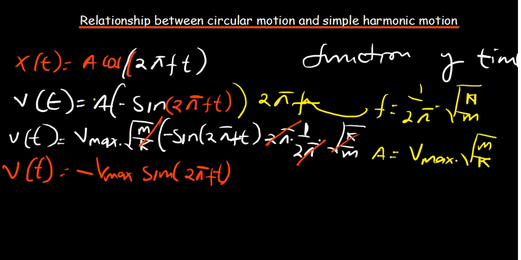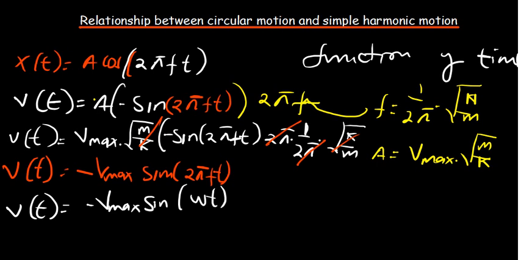So it is negative V max times sine, open brackets, 2 pi f t. But again, we know that 2 pi f t is basically wt, so you can reduce it and say negative V max sine(wt). It's the same thing.